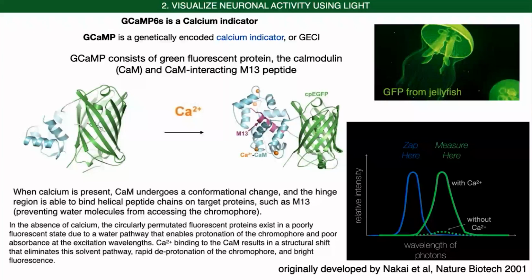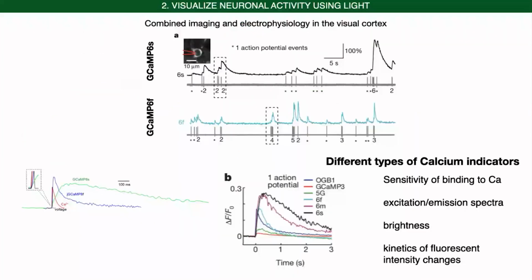So what is the difference again between calcium imaging and electrophysiology? There are some studies that have tried to combine these two techniques, electrophysiology and calcium imaging. And as you can see, on the top of this slide, in gray, you can see the action potentials of one single cell, and you can see how many action potentials you have every time.